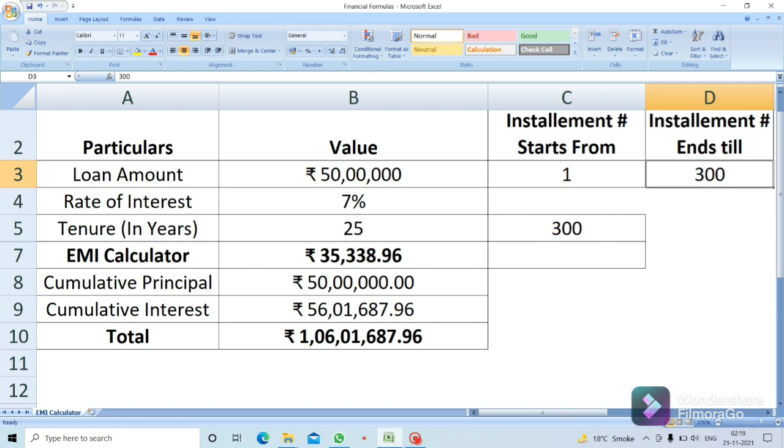From here we see that 50 lakh is the principal we pay till the 300th installment, and 56 lakh 1687.96 is the cumulative interest, because my total loan amount was 50 lakh rupees, and the principal paid till my last installment is 50 lakh rupees. The total amount of payment after my loan is paid off is 1 crore 6 lakh 1687.96. So this is how we can calculate cumulative principal and cumulative interest.